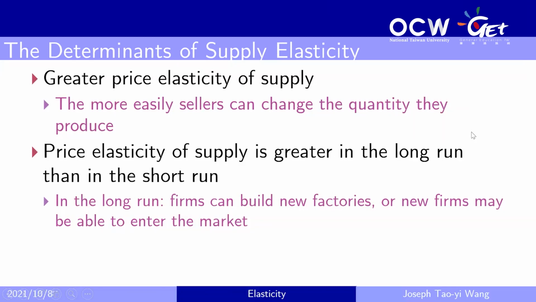These decisions would happen in the long run and are unlikely to happen in the short run. Because you are more flexible and have more options to adjust in the long run, price elasticity is always larger in the long run compared to the short run.